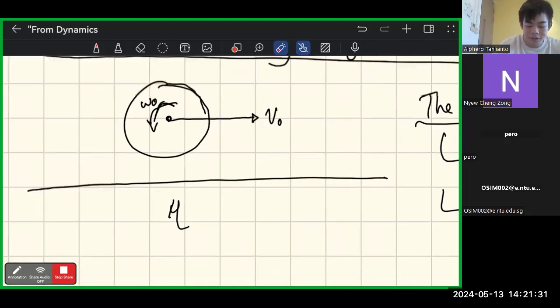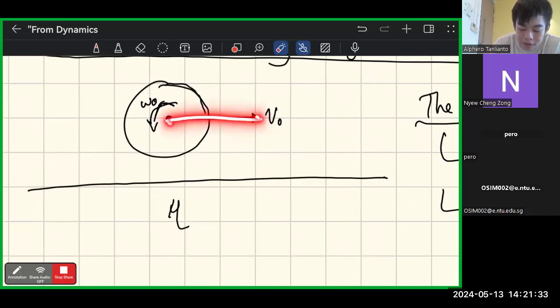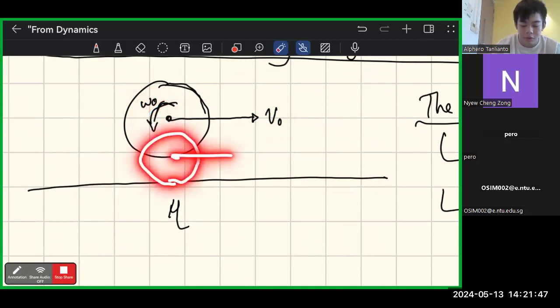But if you just imagine this has the velocity v naught and the initial angular velocity omega naught. When it touches the ground at time t0, this thing will still have the velocity v naught and omega naught. You get it?